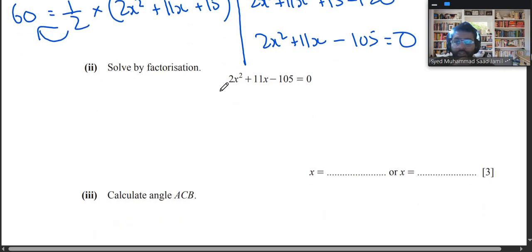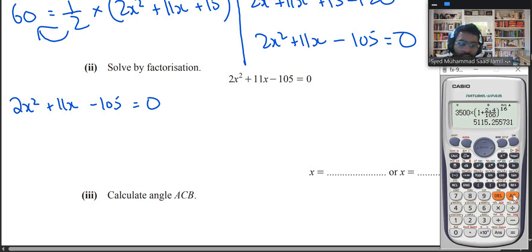Next question, it says solve by factorization. Now look, 2x squared plus 11x minus 105 is equal to 0. One way is that you can plug this whole thing into the calculator, which I will teach you right now. But since this is for 3 marks, that's not the only way. You need to show everything. But you can cross check your answers from the calculator.